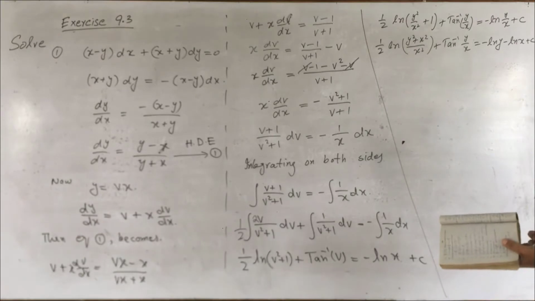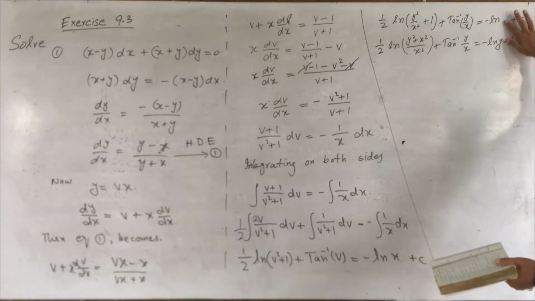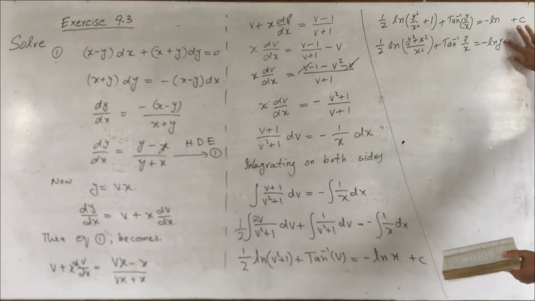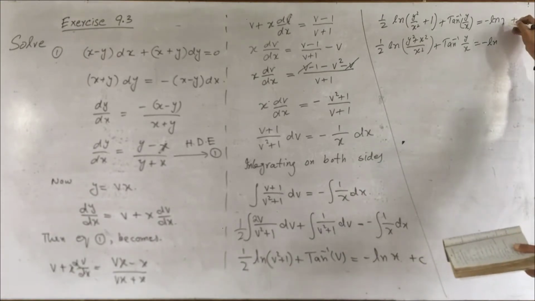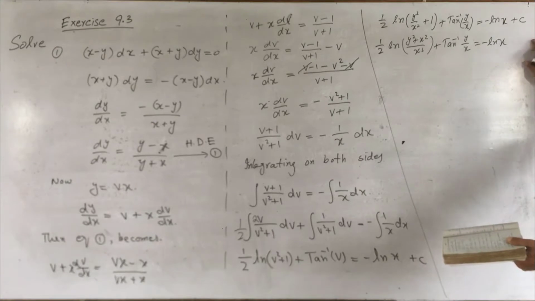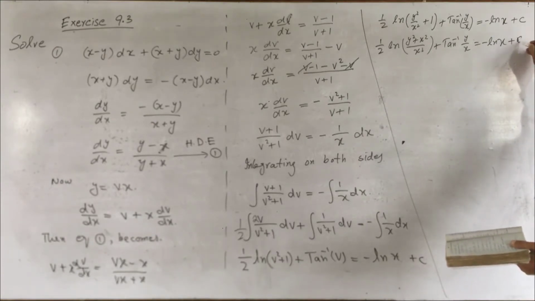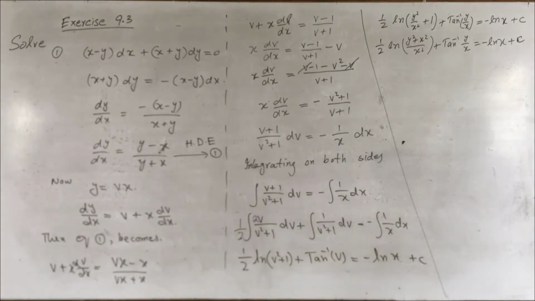Oh sorry, here we have only x, so we will not use the value of y. Here we have only x, not v, so there is no value of v equal to y over x to put, only x.